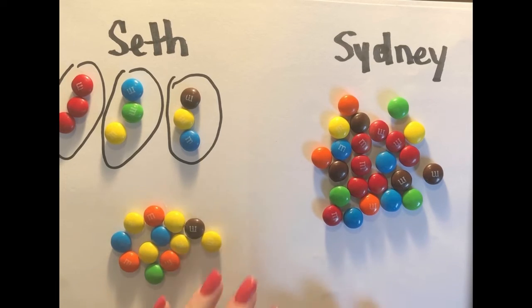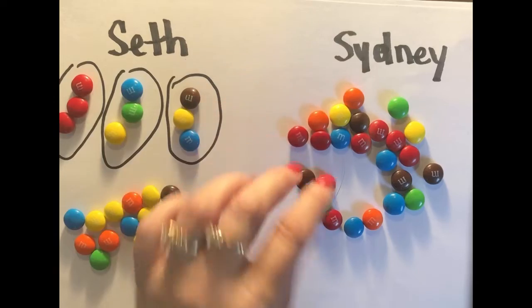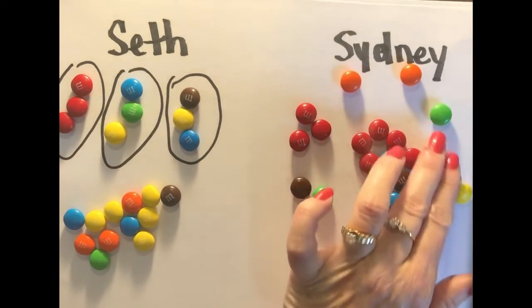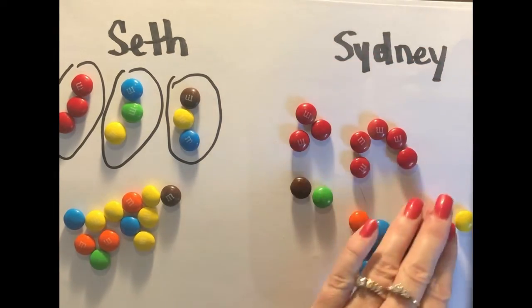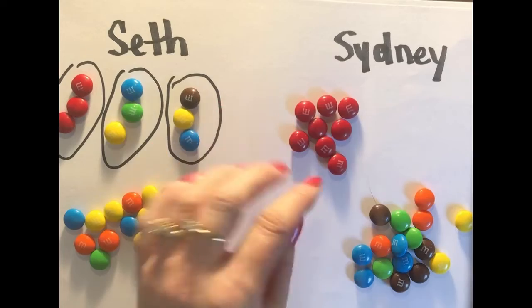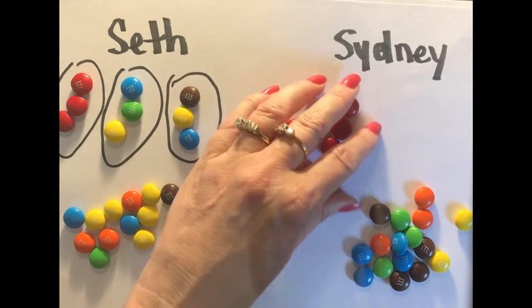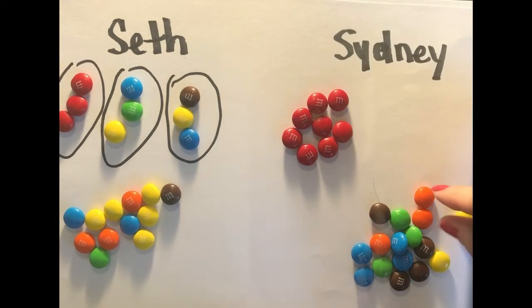Let's look at Sydney's. If we take Sydney's and put all of the red together, she has 2, 4, 6, 8 red. So all of our groups should have 8 in them.